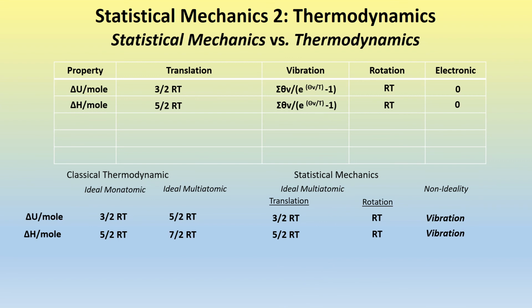Similar in form to RT log V2 over V1, you now have minus RT log T over theta R sigma. And in this case, non-ideality is contributed to by both vibrational and electronic energies to the total Helmholtz energy of the molecule.